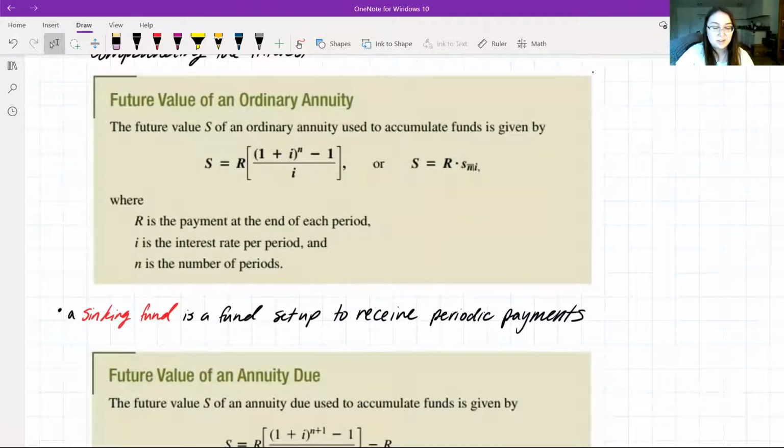We say the future value S of an ordinary annuity used to accumulate funds, and we're talking about accumulating funds in this section, not paying out funds, is given by S = R times ((1 + i)^n - 1) divided by i. R is the payment at the end of each period, i is the interest rate per period, and n is the number of periods.